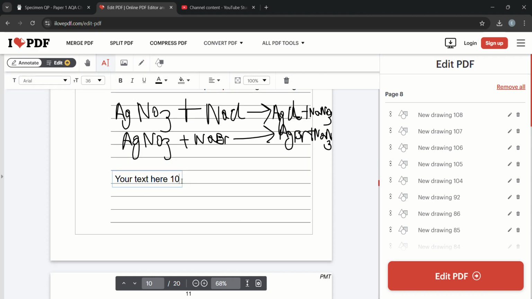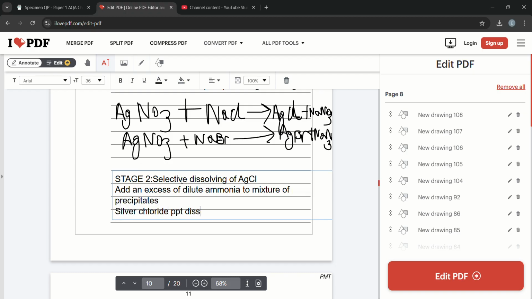Stage 2, selective dissolving of AgCl. We want to add an excess of dilute ammonia to the mixture of precipitates, and the silver chloride precipitate dissolves.